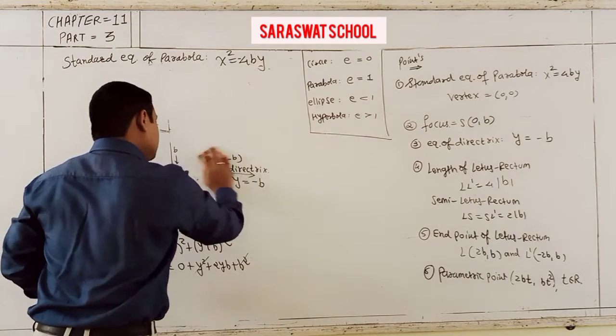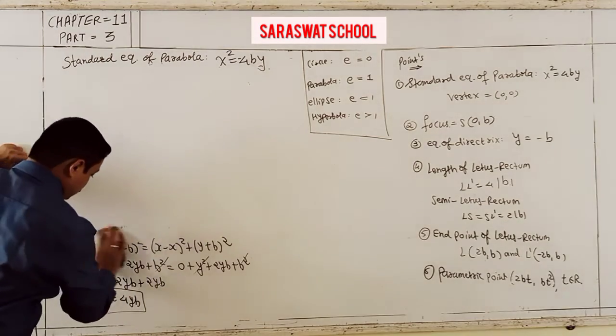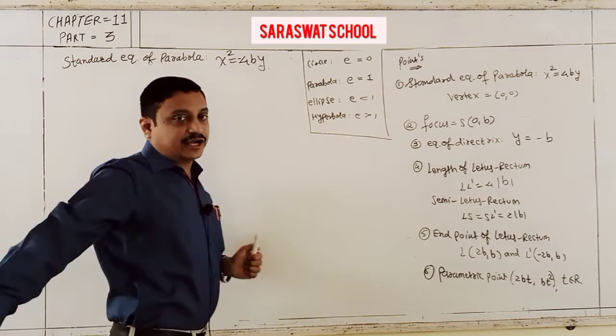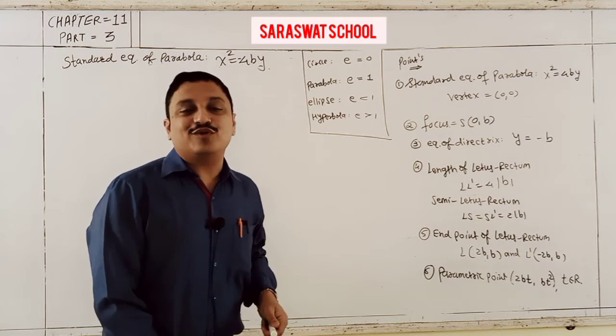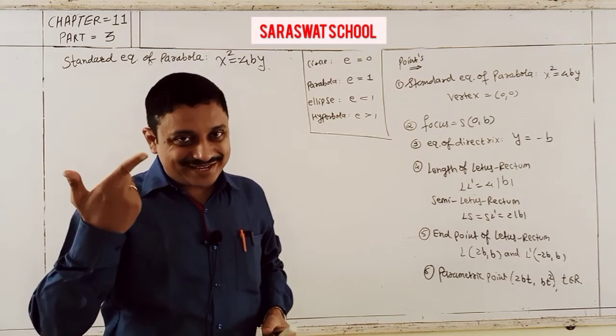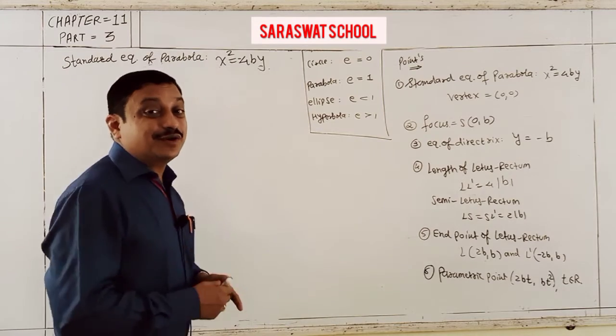Fourth case, negative side of the y-axis. Again parabola eccentricity is only 1, and what does eccentricity mean? The ratio of SP to PM is equal to 1, and that ratio is called eccentricity.